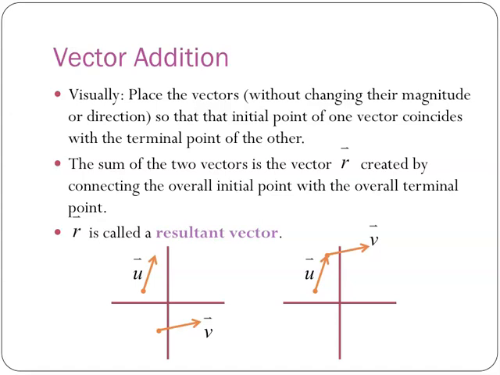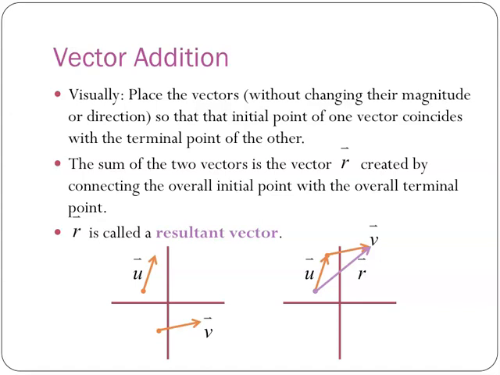We've just simply shifted the entire thing up so that its initial point was at the terminal point of the other. So the resultant vector is when we create the vector such that the overall initial point and the overall terminal point are connected, and that creates our resultant vector. So connecting from the initial point of u to the terminal point of v, that is our resultant vector r.